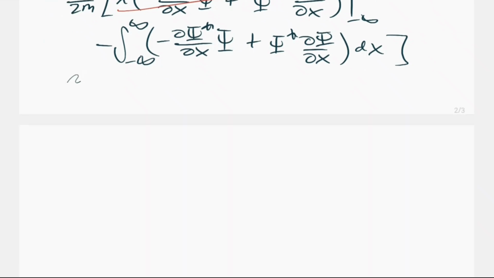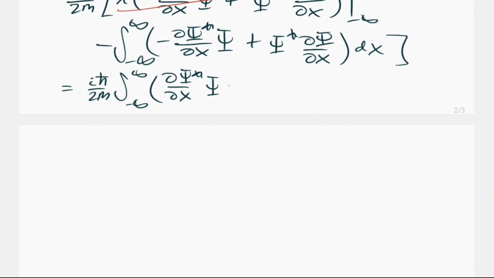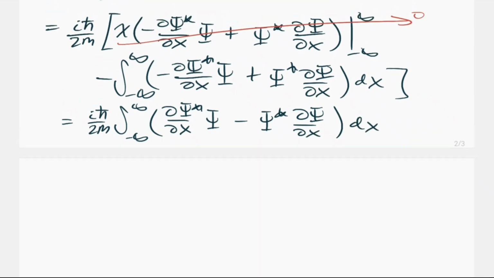So that equals i h bar over 2m times the integral from negative infinity to infinity of d psi star dx times psi minus psi star d psi dx, dx. So that's what we're left with right now.